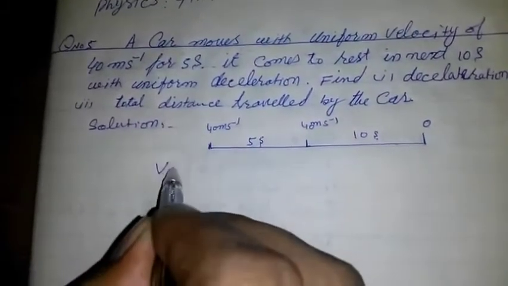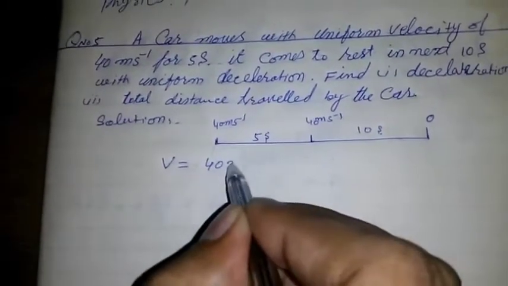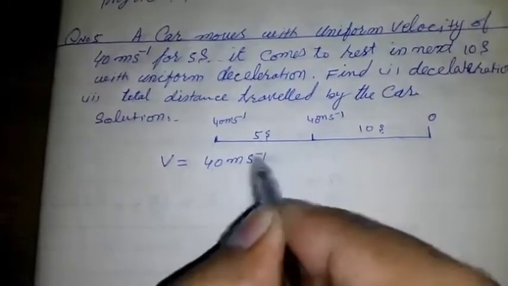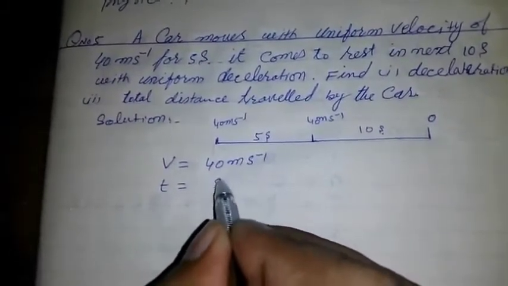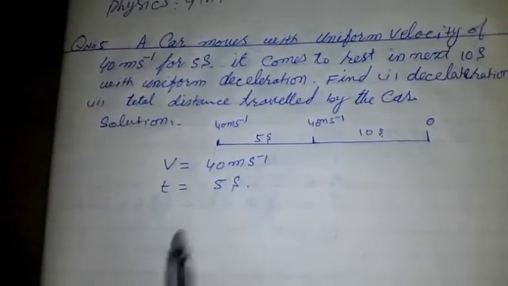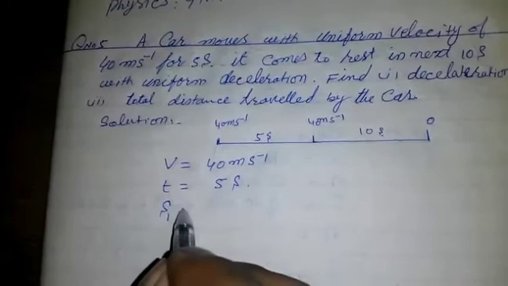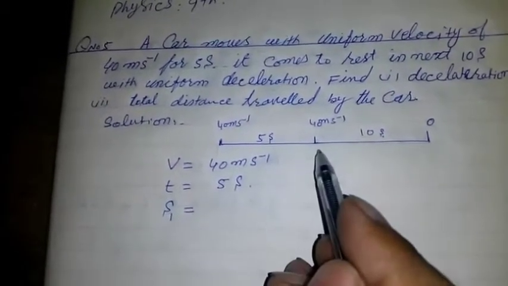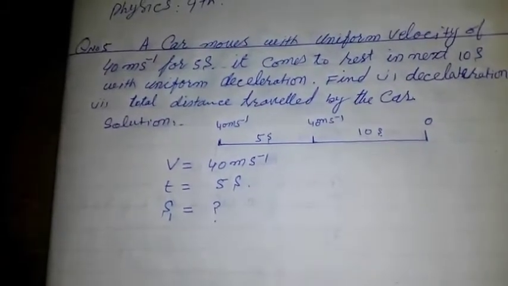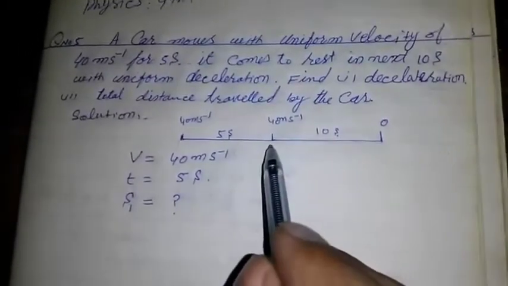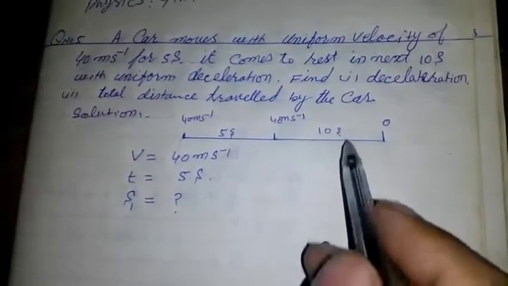In one part it moves with a uniform velocity for 5 seconds. Now its uniform velocity v is given, 40 meter per second, and time is also given, 5 seconds. If we say this is S1, the first part of the motion, the distance traveled S1, we have to find this. Then in the second part, this is the initial velocity before applying the brakes.